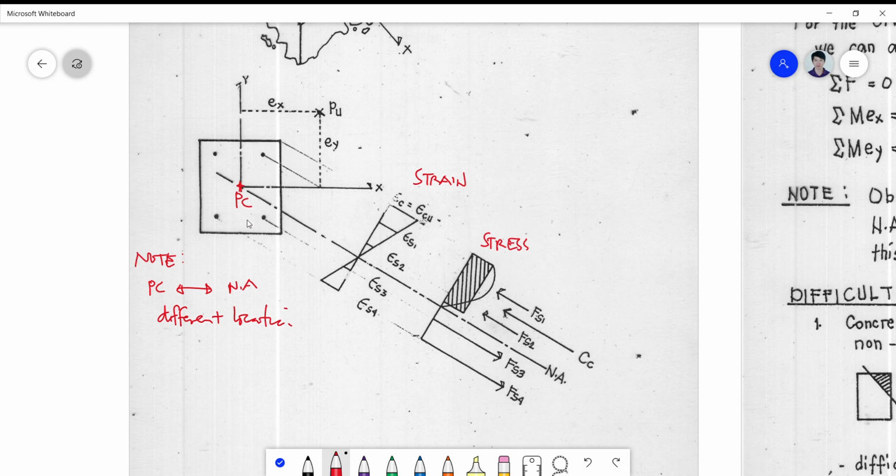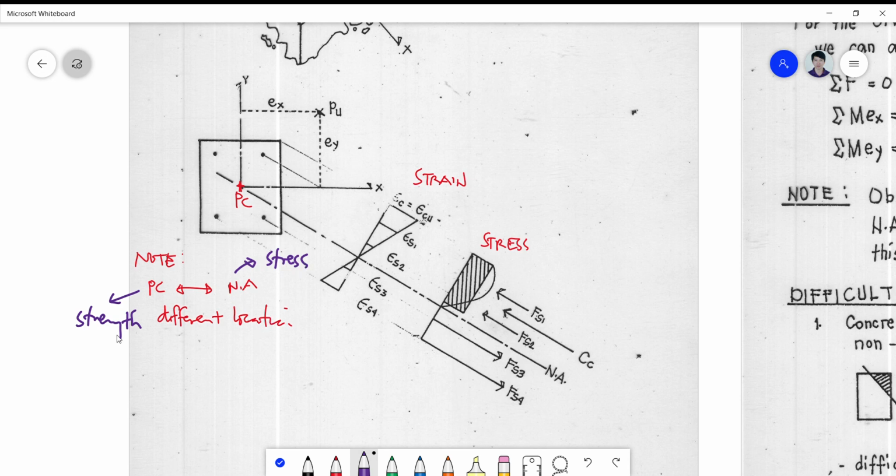These two are not always the same in position and orientation, because they are two different points of centroidal reference. The plastic centroid is more on the strength, so this is the strength center, and the neutral axis is more on the stress.